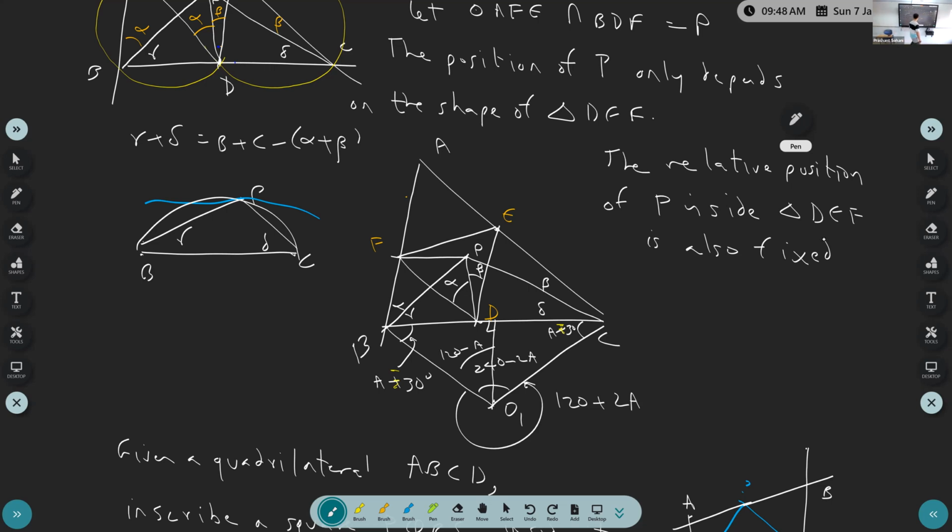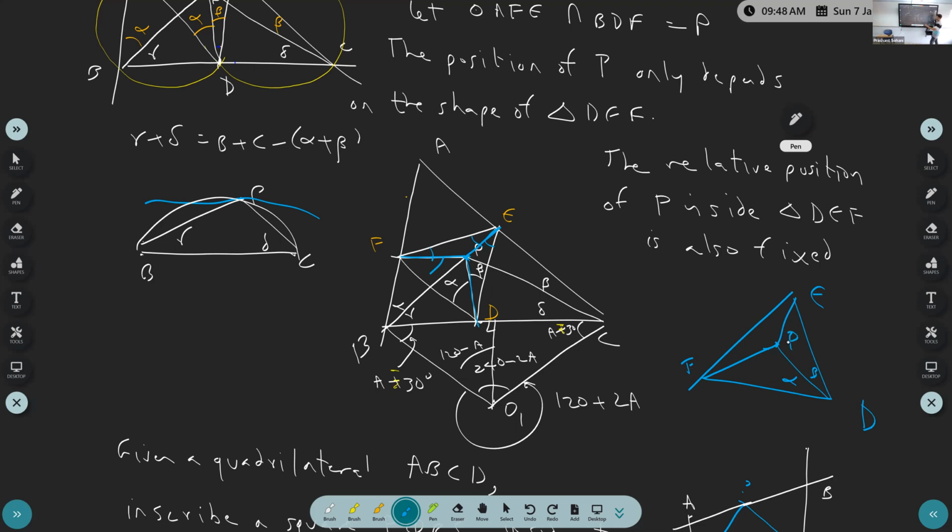So if I join the point P to the three vertices of DEF, and mark this alpha, beta, whatever, similar angles on all the sides, those angles will also not change. If I separately draw triangle DEF as a reference and want to locate the corresponding point P, and I copy the same angles alpha, beta, and all the other angles, then whatever point I get will always remain the same, even if my triangle DEF changes.